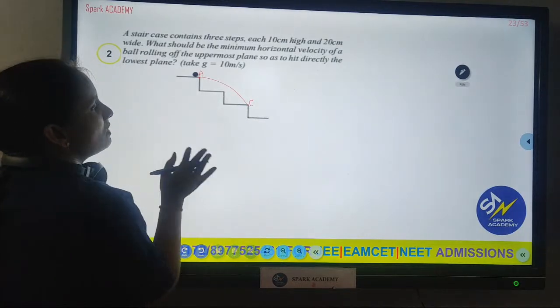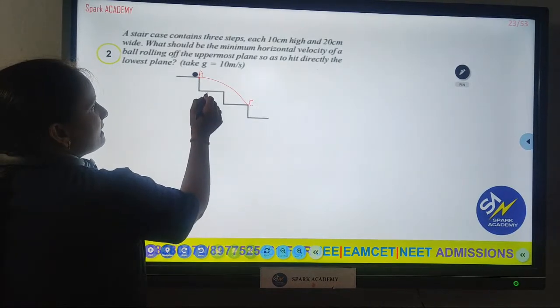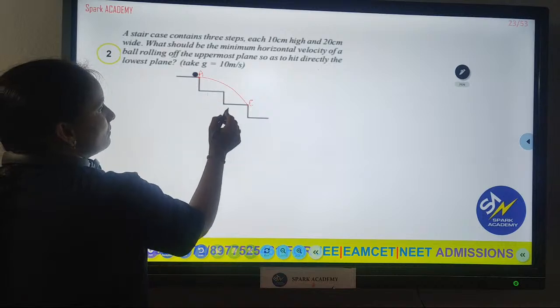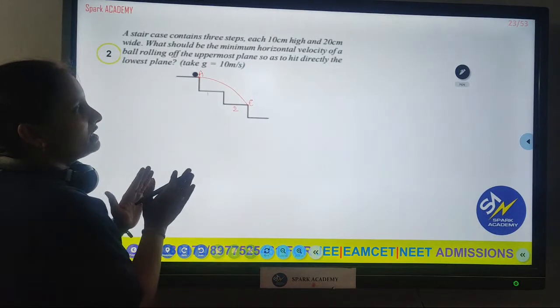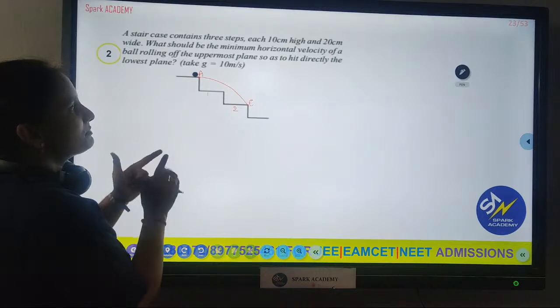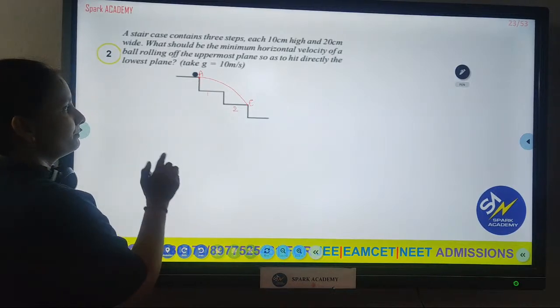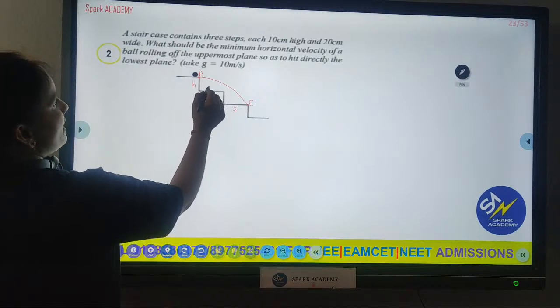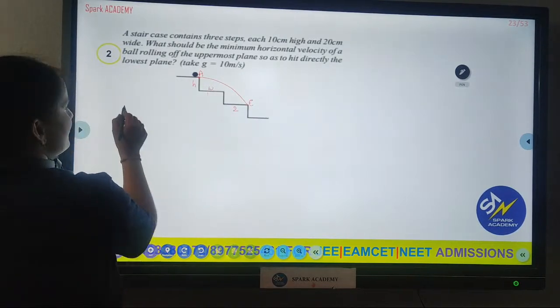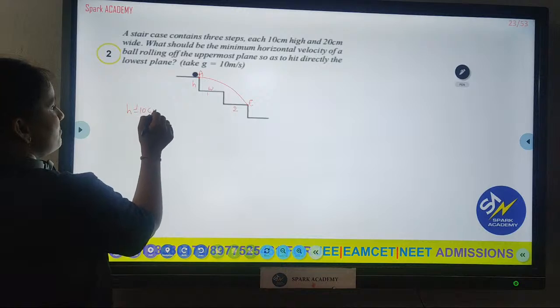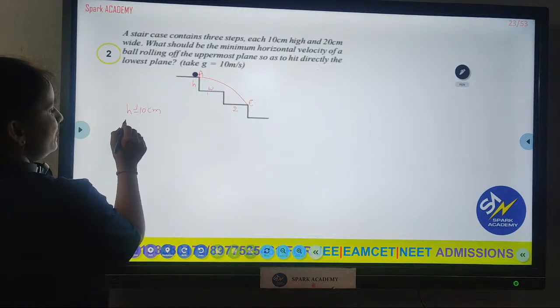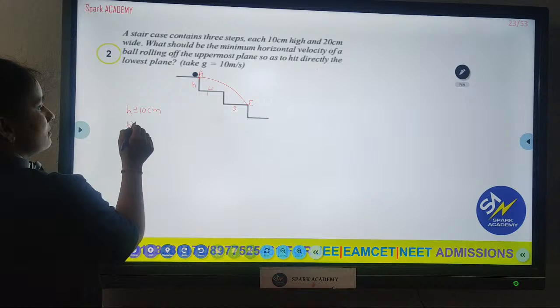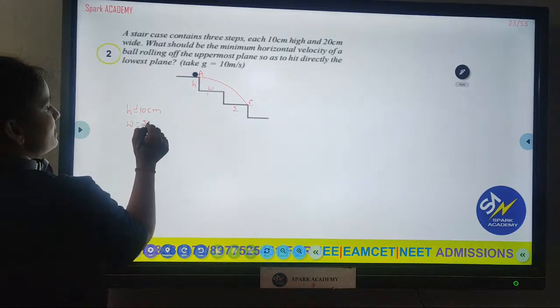So when it hits the lowest plane, it covers 2 steps. It should cover 2 steps of height and width. The height of each step is given as 10 cm and the width is given as 20 cm.